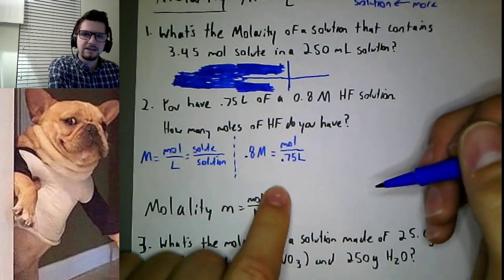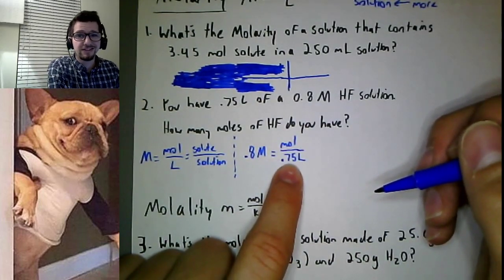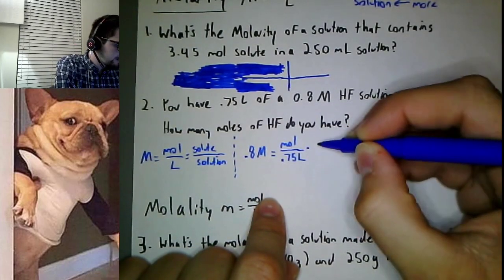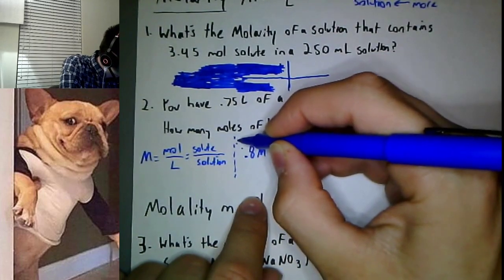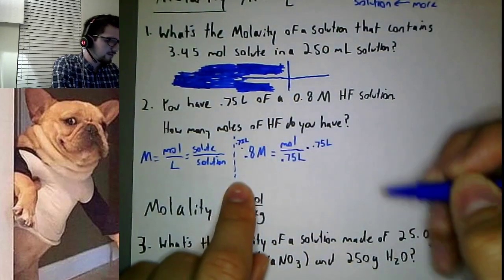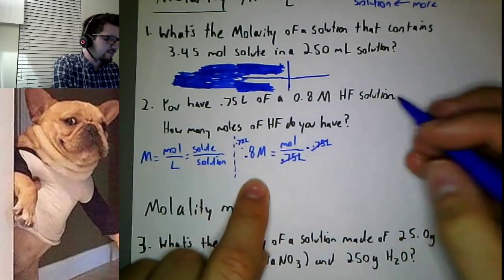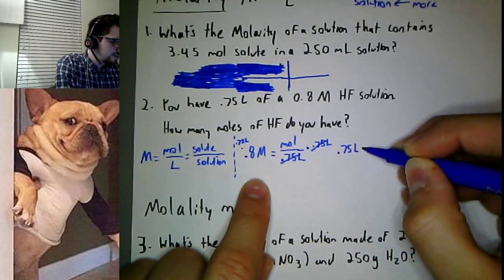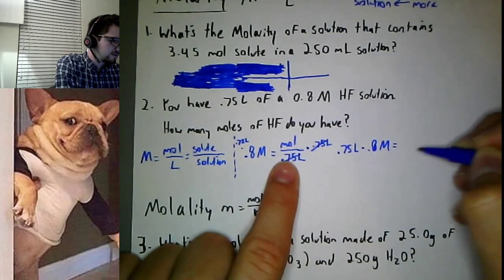Okay? Now, how do I solve for moles? Well, how do I get 0.75 liters out of the denominator? It looks like I have to multiply both sides by 0.75 liters. Oh, that was silly of me to do. Okay, now these cancel out, and these are multiplied together, so I'm left with 0.75 liters times 0.8 molar equals moles.